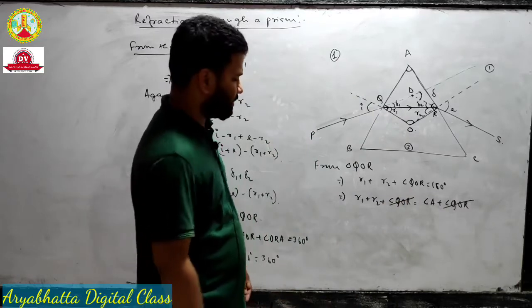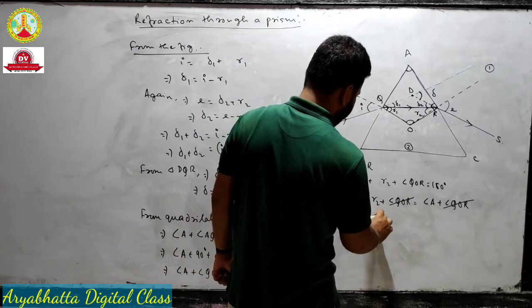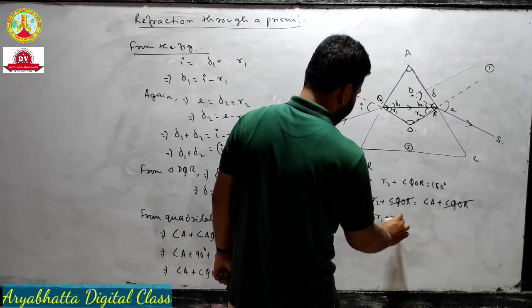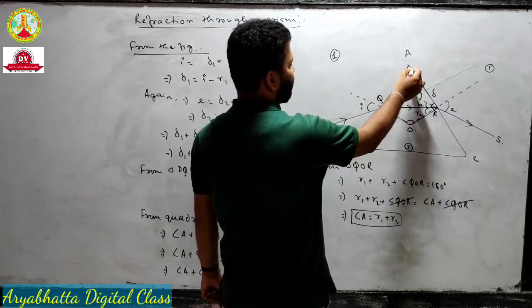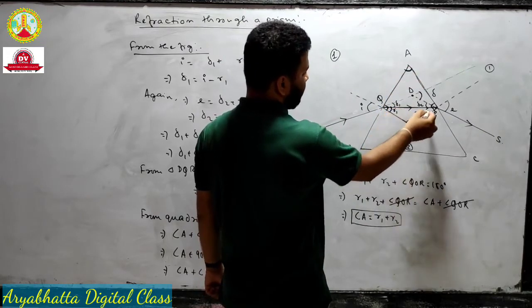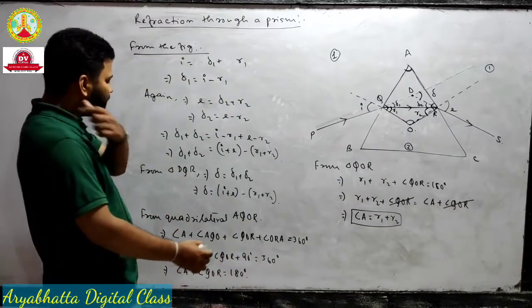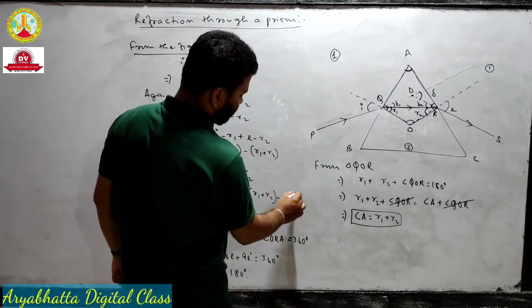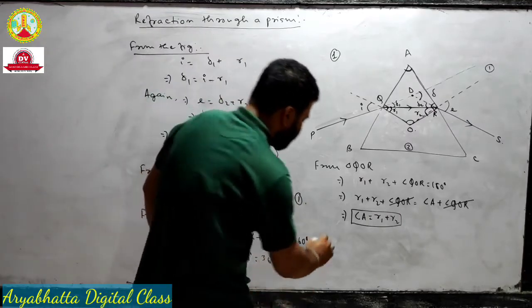QOR cancelled. Okay, so from here you can write angle A is equal to R1 plus R2. Very, very important: the angle of the prism is equal to this angle plus this angle. Okay, now you mark this one as equation 1.